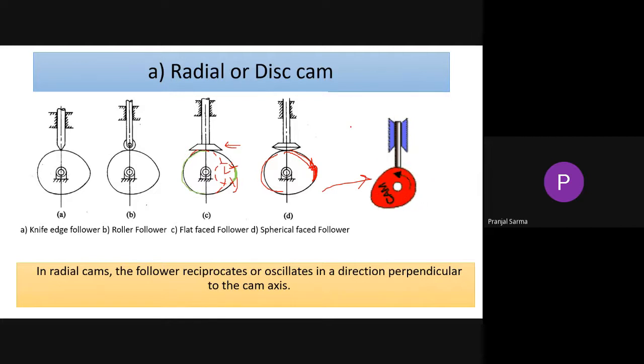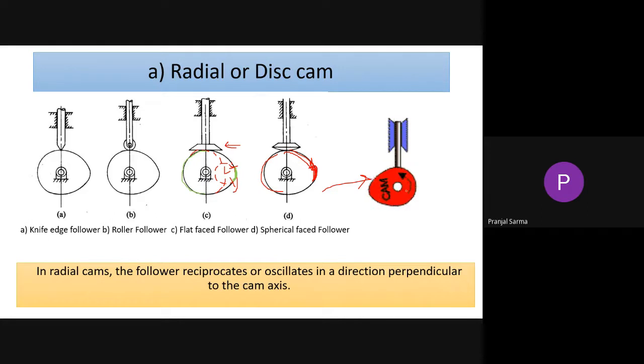The inlet valve should open and remain open for a certain duration of time, so that proper intake of charge occurs, and after that it should remain closed for a certain amount of time, so that the two strokes, compression and power stroke, can occur properly. After that the next valve, the exhaust valve, should be operated, and it should open and remain open for a certain finite amount of time.